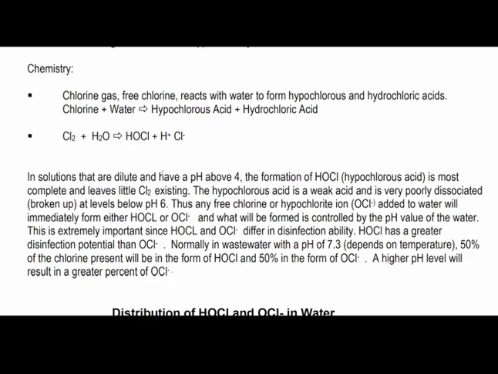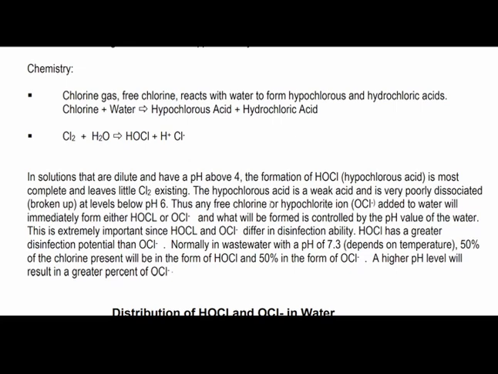In solutions that are diluted and have a pH above 4, the formation of HOCl, hypochlorous acid, is most complete and leaves little Cl2 existing. The hypochlorous acid is a weak acid and is very poorly dissociated at levels below 6 pH.